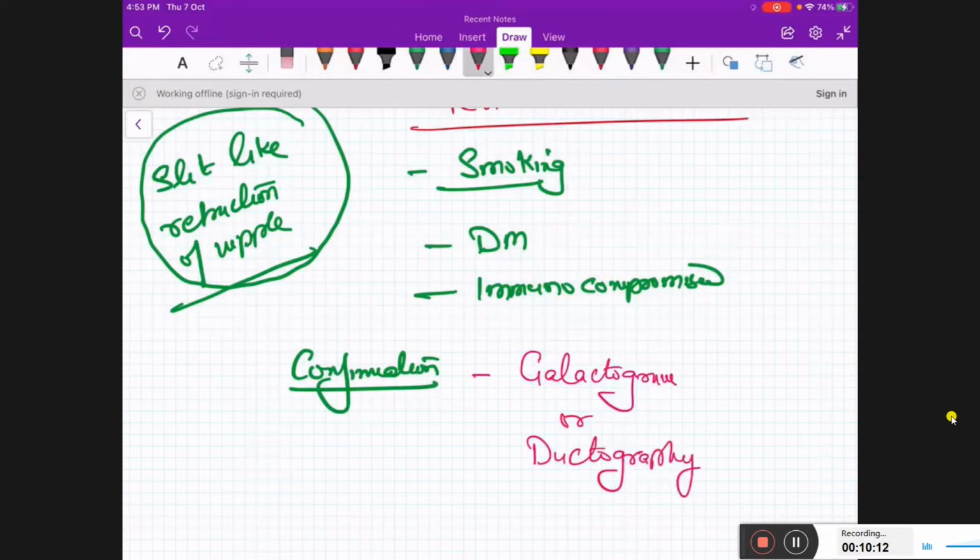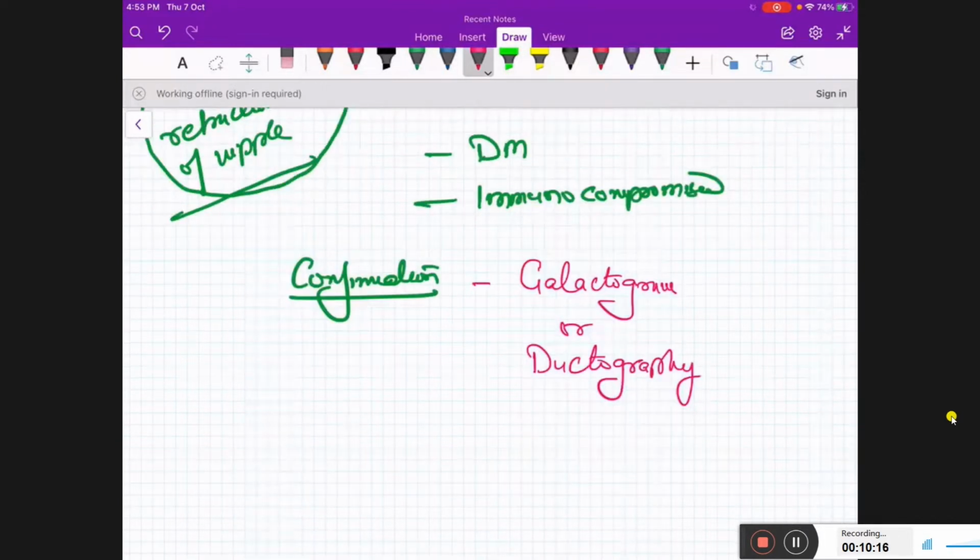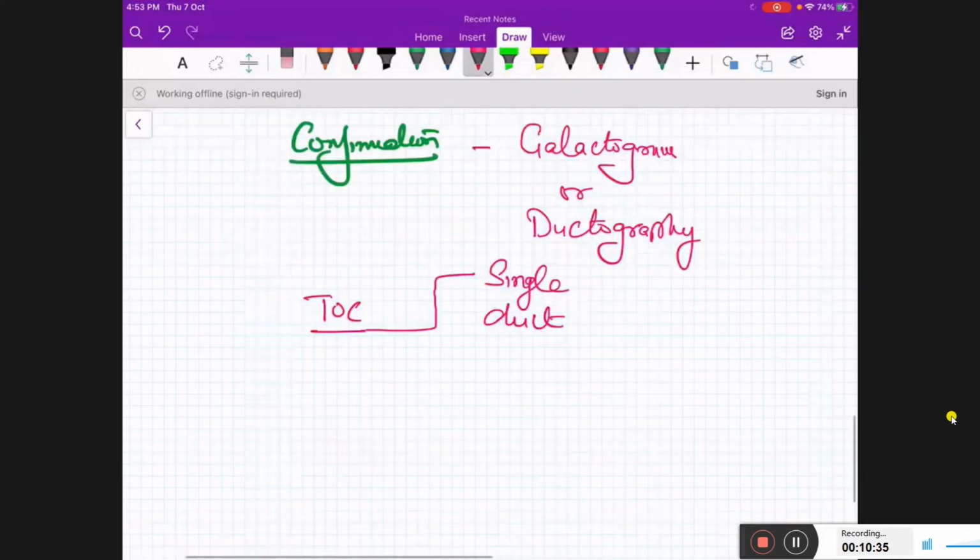And the treatment of choice for duct ectasia depends, in a given question, on whether you are told it is duct ectasia involving a single duct, or duct ectasia involving multiple ducts.